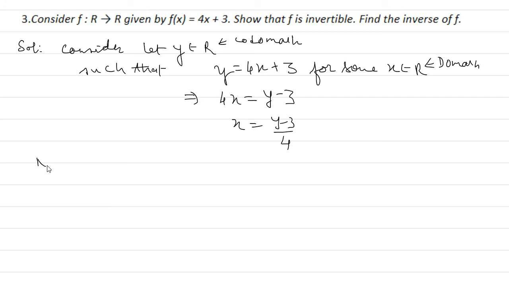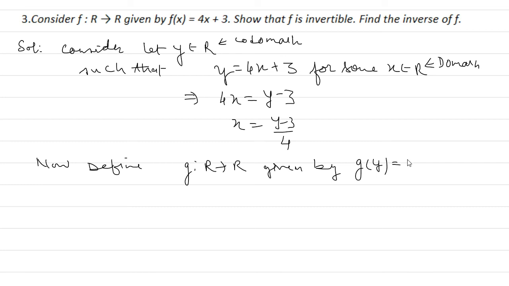Now let's define g from R to R, this R is the codomain and this R is the domain, given by g(y) is equal to (y minus 3) by 4.